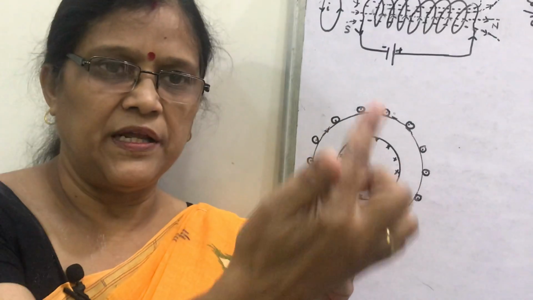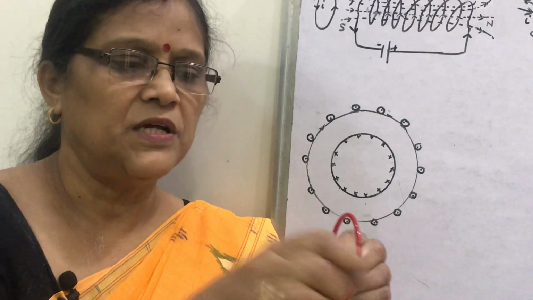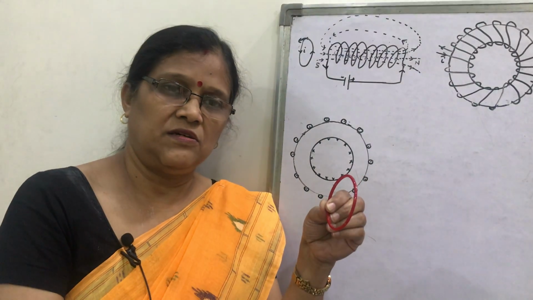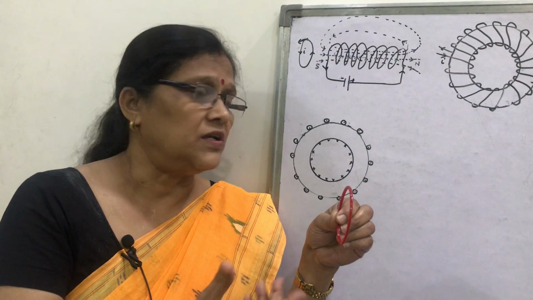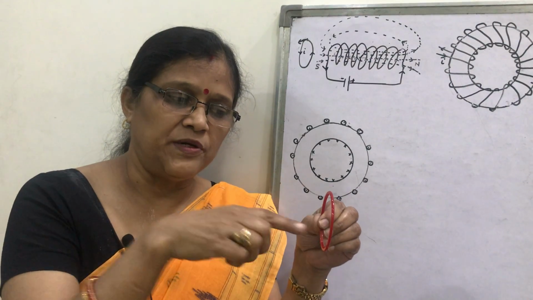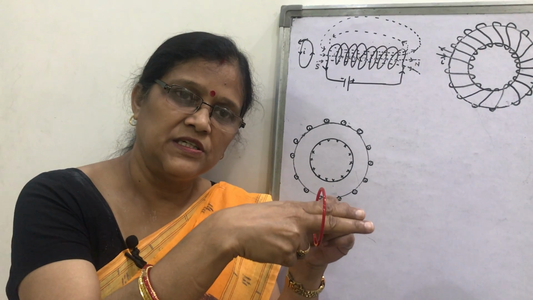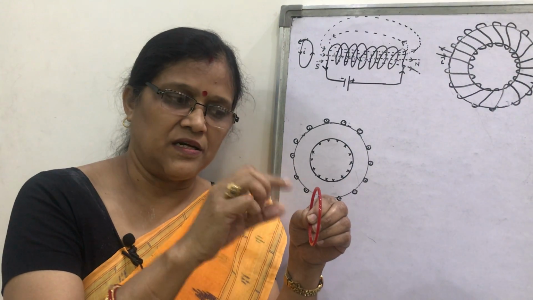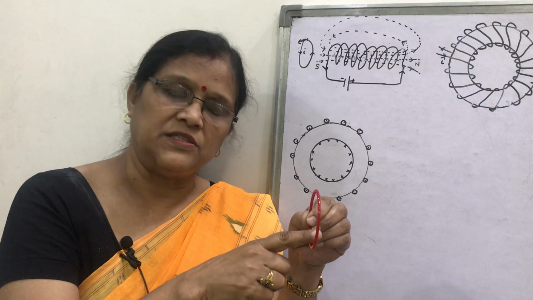If the loops have the same direction of current, then there is a strong magnetic field. Why should we study the magnetic field of a solenoid or this toroid? You know the magnetic field is produced along the axis, and for a strong magnetic field example, how will you produce a strong magnetic field? The solenoid.